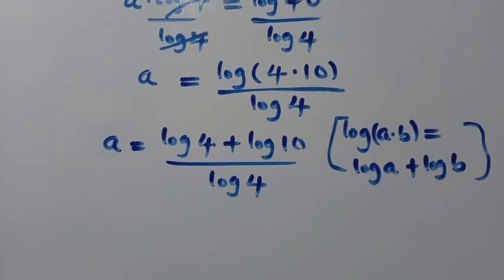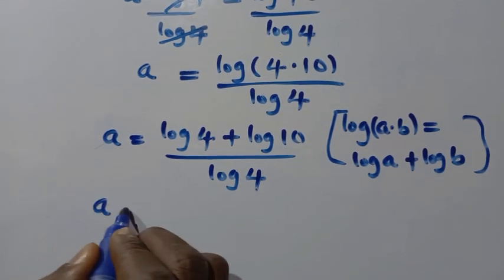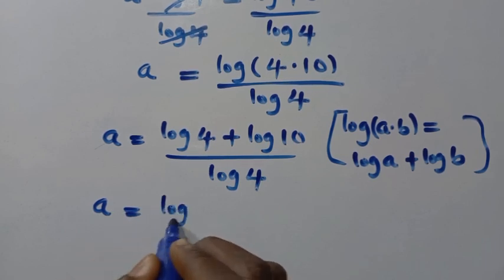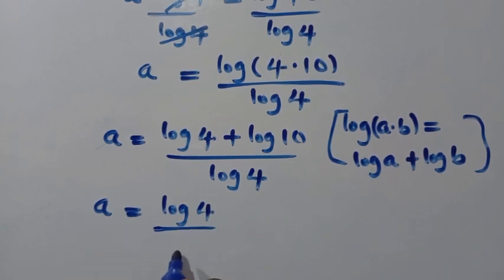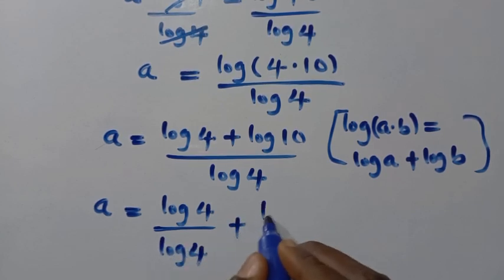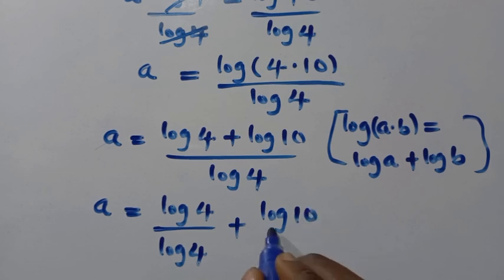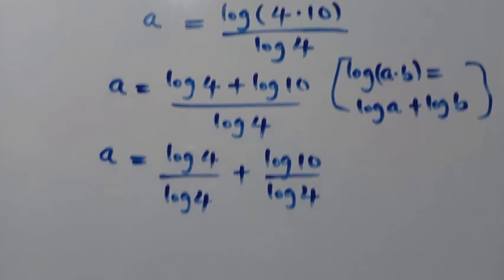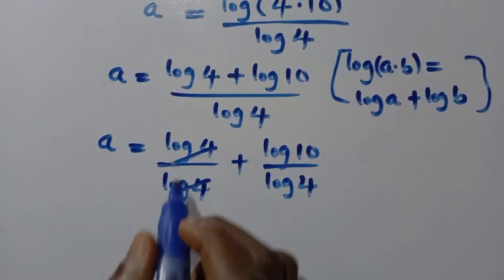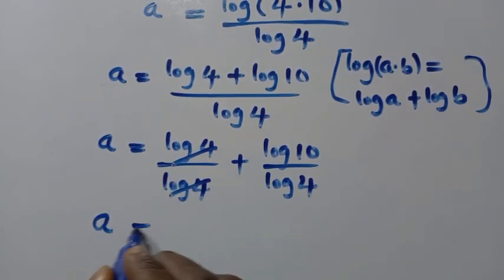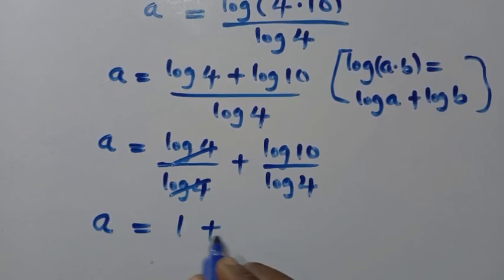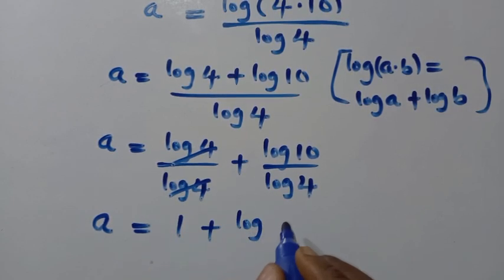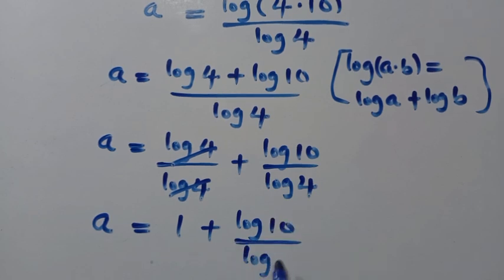When we separate this, we have a equals log 4 divided by log 4 plus log 10 divided by log 4. So when log 4 cancels log 4, we have a equals 1 plus log 10 divided by log 4.